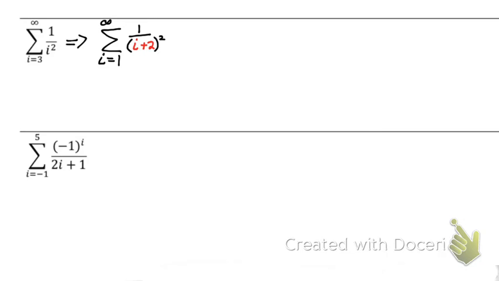If you ever want to check to make sure you did it correctly, just check your very first term. This very first term would be a 3 for this I, so it would be 9 on the bottom, 3 squared. Well, if I plug a 1 in here, I have 1 plus 2, which gives me that 3 again, 3 squared. So that is correct. So if I adjust down 2, I just add 2 to every I that we have.